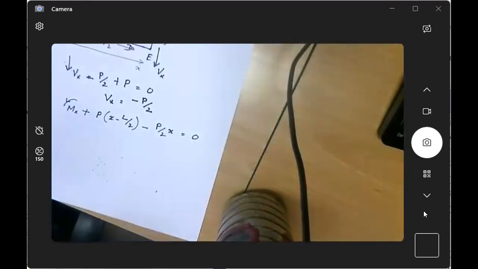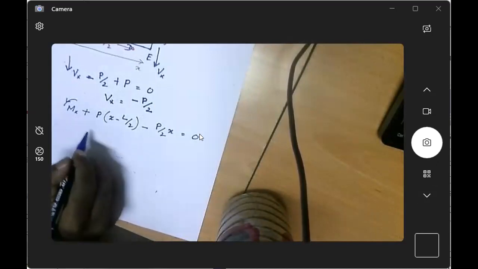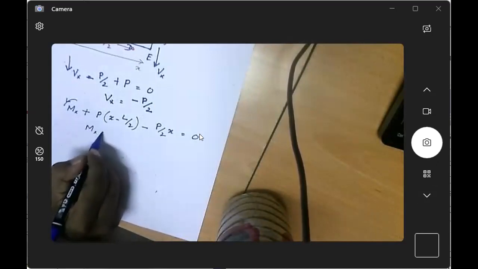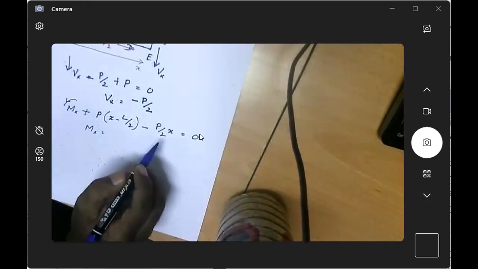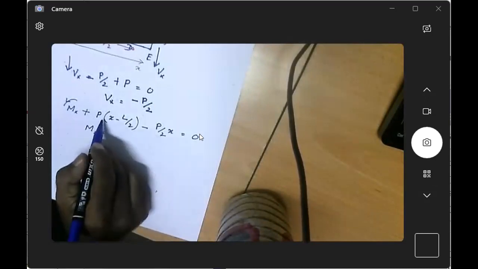Is this what you got as the equation? Mx is equal to P over 2 x plus P over 2 x minus P multiplied by x minus L over 2. And next, this will simplify. Vx is minus P over 2 again.